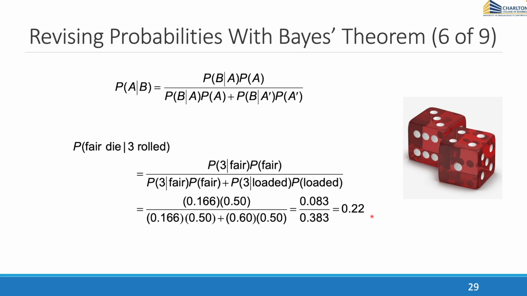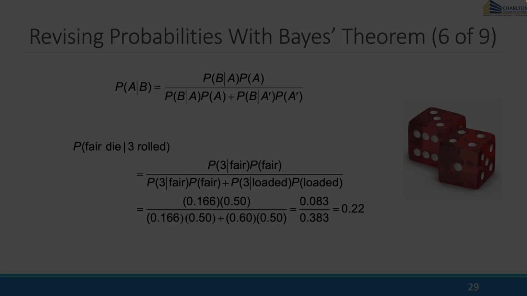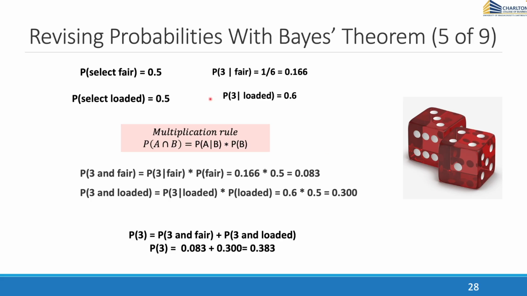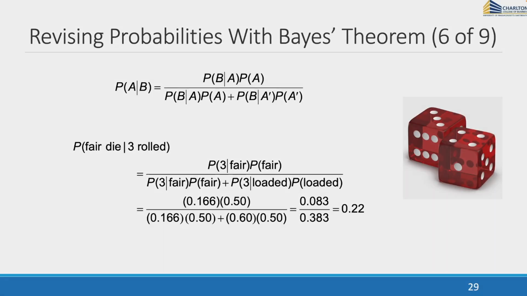And that does make sense because the probability of getting 3 on the loaded die is higher than on the fair die. So the probability of selecting a loaded die when we have the 3 is higher than selecting a fair die. So there is a 22% chance we have selected the fair die, and a 78% chance that we selected the loaded die.